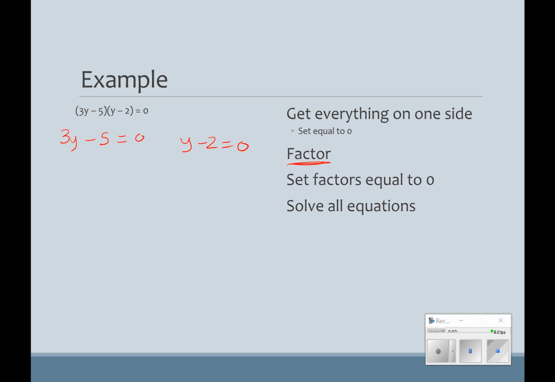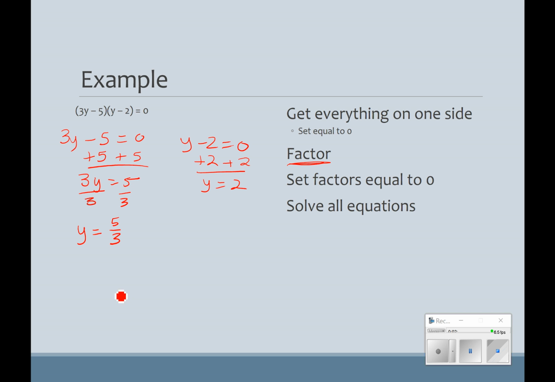All right. So if I go to solve this, I'm going to add 5. I'm going to get 3y equals 5. If I divide by 3, y equals 5/3. Then I'm going to add 2 to both sides, and I'm going to get y equal to 2.